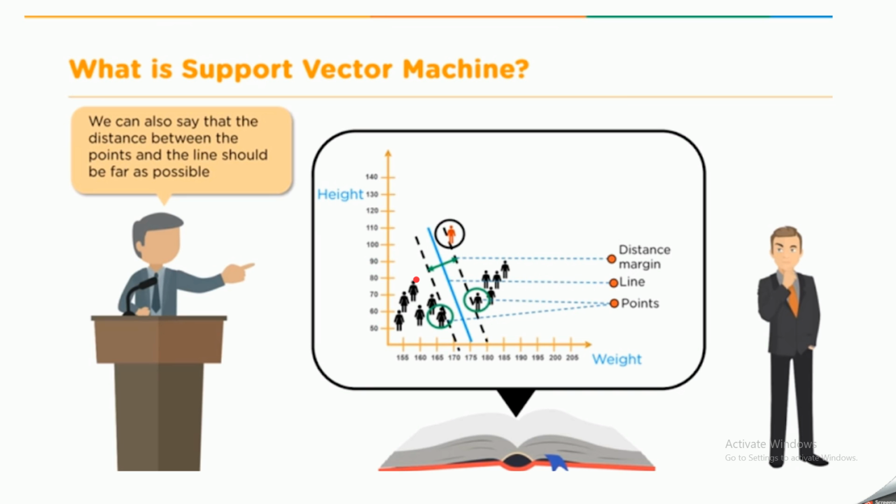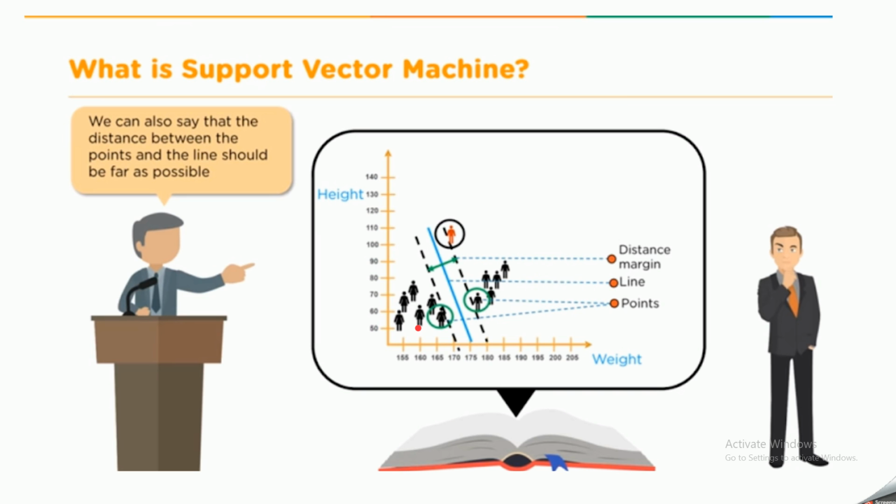There are some terminologies that you have to be aware of when you are studying support vector machine. The blue color is called the decision boundary or the line. The green color bidirectional arrow is called the distance margin, and these circled in green are called data points.